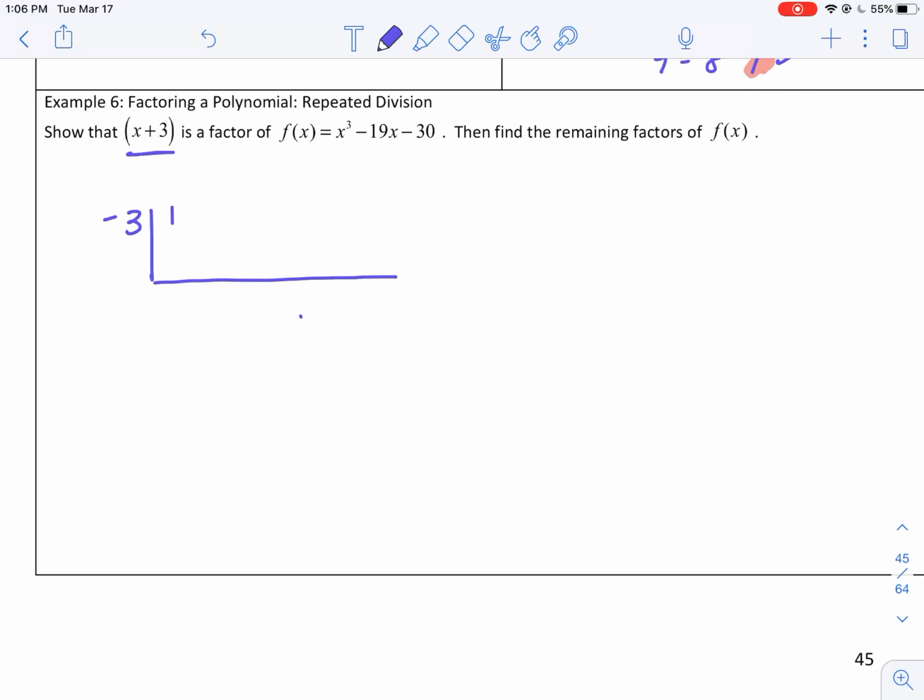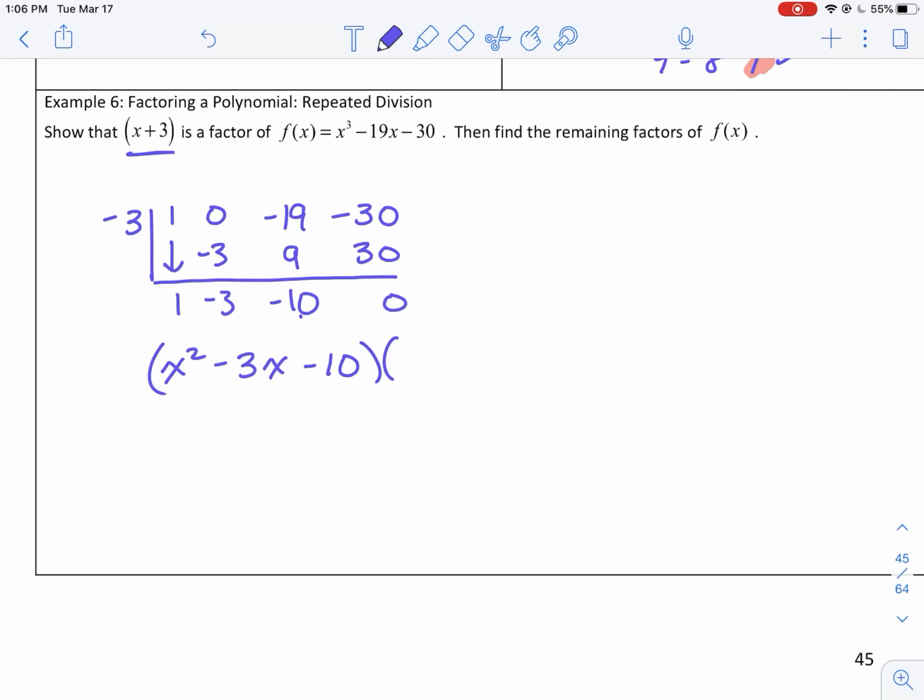So I have 1. I need a placeholder here for my x squared term, negative 19, negative 30. Okay, and so I bring down the 1, negative 3, 9, negative 10, positive 30, 0. So because my remainder is 0, I know that x squared minus 3x minus 10 is a factor of my polynomial.